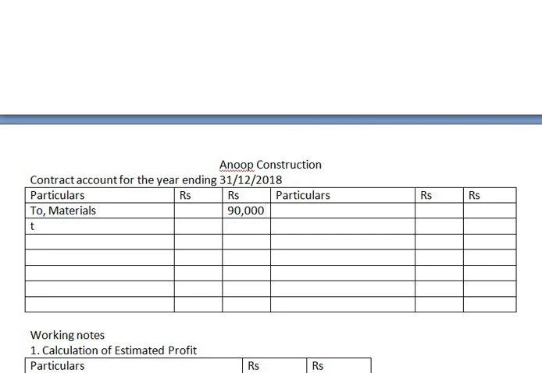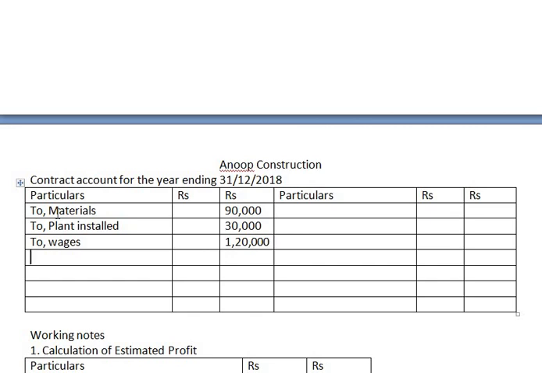Next is plant installed, and the amount is 30,000. Then to wages, the amount is 1,20,000.